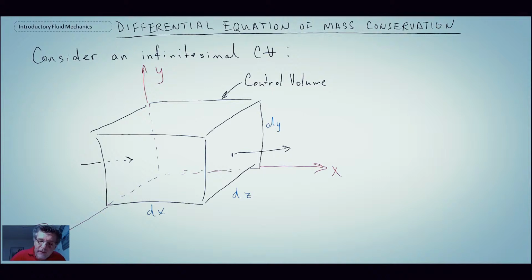Now on the front surface, we know mass flux is going to be rho u times A. But if it's a Taylor series expansion, we have to add in the change. This is assuming that we're expanding about the very center of our control volume cube.